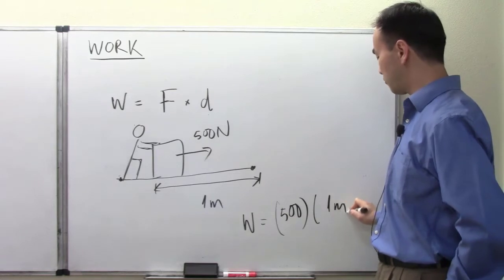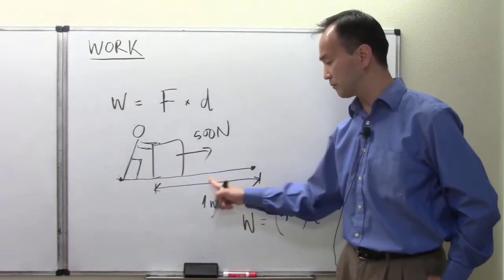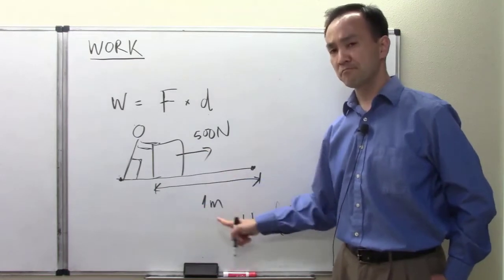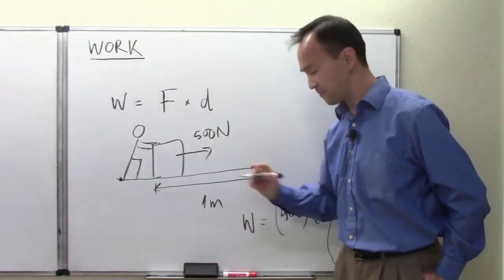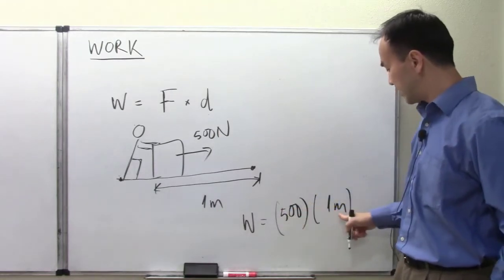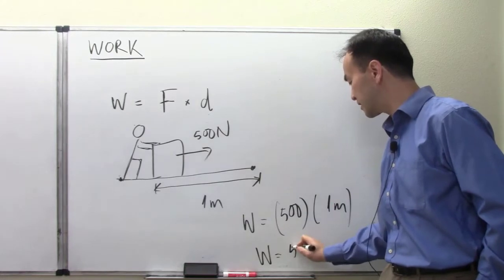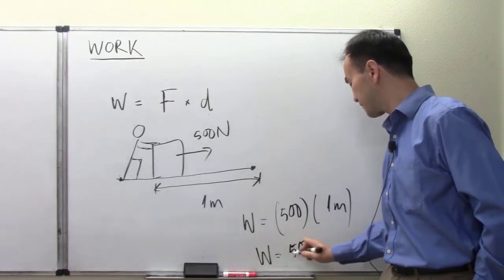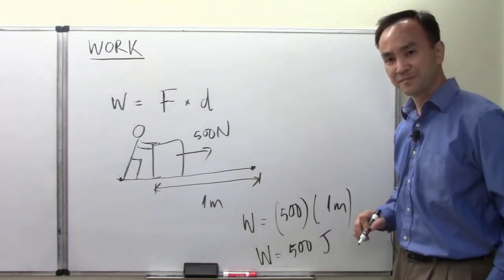And so right now I'm starting up with this very basic example using completely standard basic units, newtons and meters. So now 500 newtons times 1 meter. So now the amount of work there is 500 joules.